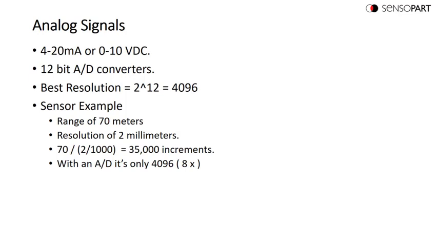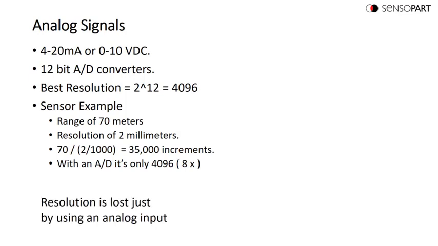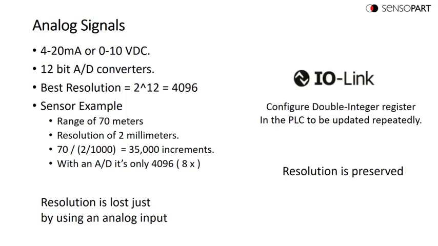So that's why high performance analog sensors had to go to RS-485 or 422 serial communications, so that the resolution wasn't lost just by using an analog input. So with IO-Link, you can take that distance data right into the PLC and preserve your resolution.